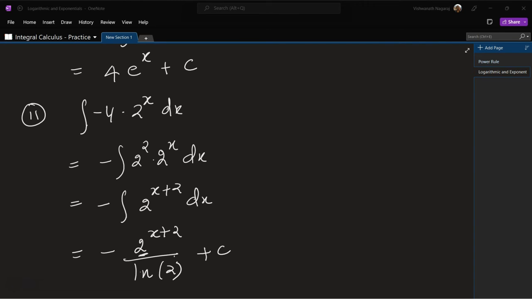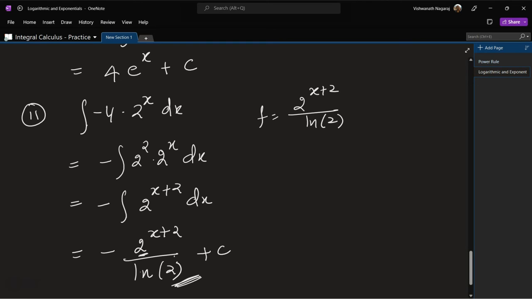Right? So again, we need to look at verifying this, whether it is correct or not. And in the process, we will learn something. Now, let's look at this. If we differentiate this, we should get back this, right? So let's begin. Let's start off with 2 to the power of x plus 2 by natural log of 2. Let's say this is f. So now let's differentiate this.